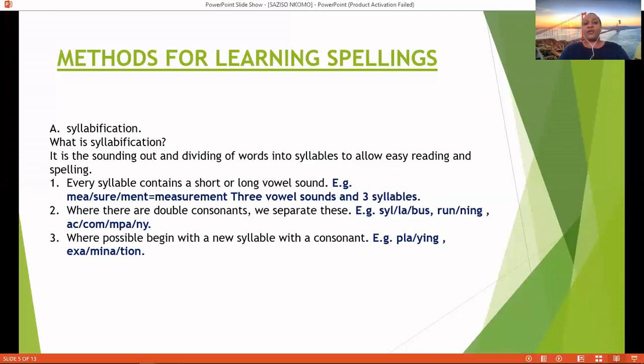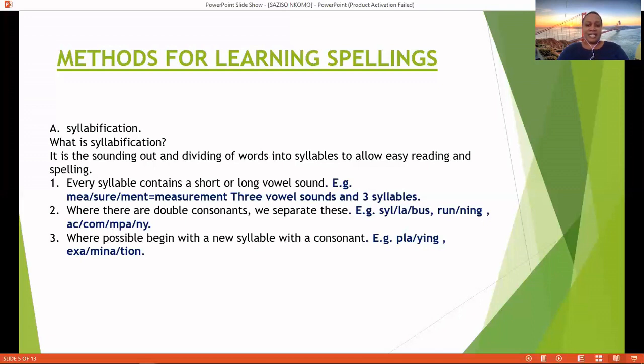Number 2, when you work with syllabification, check that where there are double consonants, we separate them. They are referred to as the terrible twins sometimes. Where there are double consonants, we need to separate them as we divide our syllables. For example, syllabus is the word.